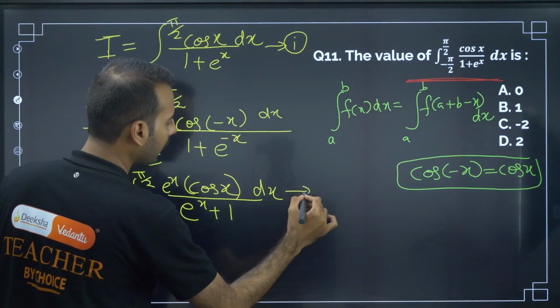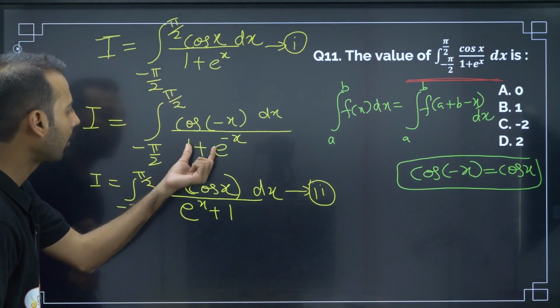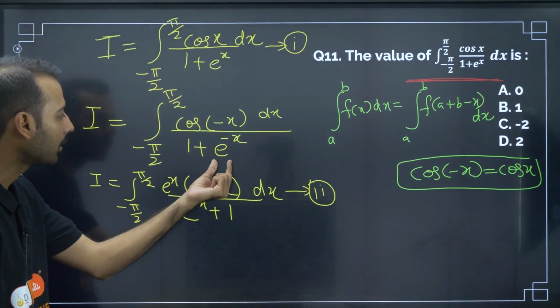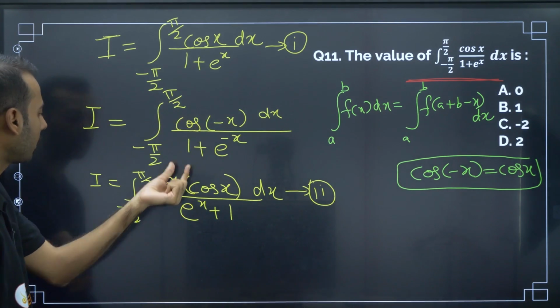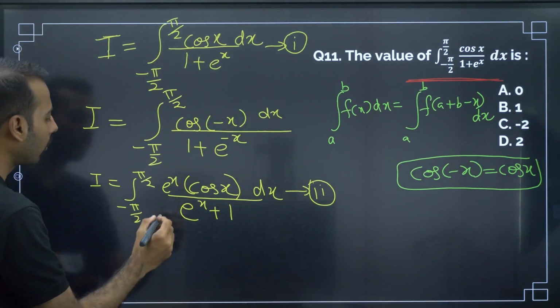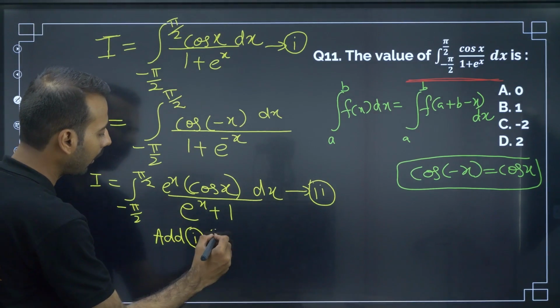Let me mark this as 2. See here I have taken LCM, so 1 by e raised to minus x plus 1 I have transposed. So they are both the same expression. Now what I will do, I will add 1 and 2.